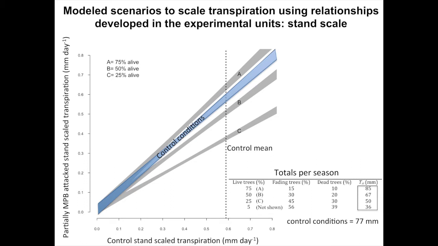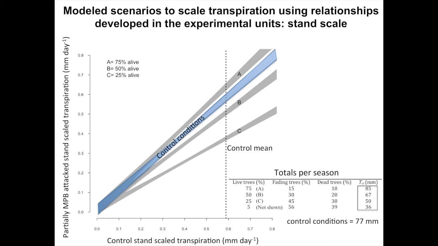And this is a graph showing the transpiration per day basis, where the x-axis shows the control relationships and the y-axis the exercise with the partial attack stand. And any departure from this region means a significant difference from control conditions.